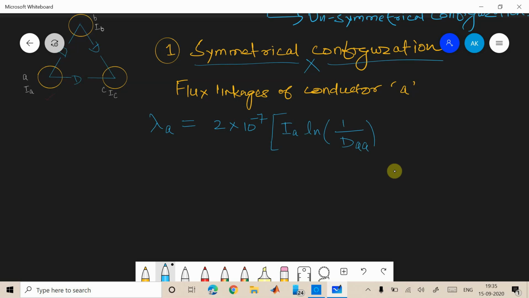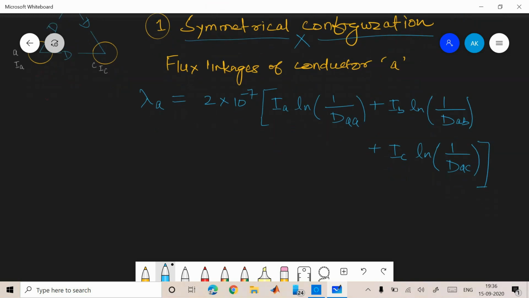This DAA is a new term, I will explain later. Plus IB ln 1 by DAB plus IC ln 1 by DAC. Only three terms because we are having only three conductors.